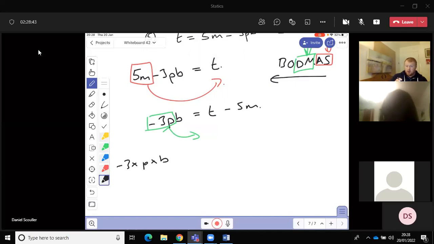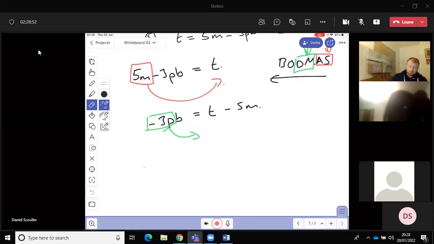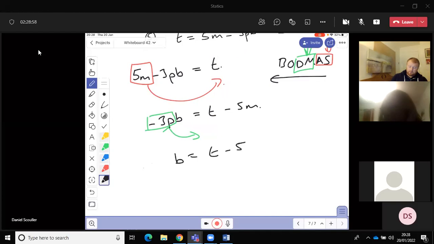So it's the number negative 3 multiplied by the letter p multiplied by the variable b. Move them together. It has to divide that whole term.